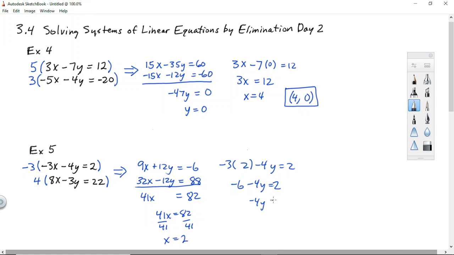Negative 4y equals 8. So now we divide both sides by negative 4. On the left we get y, and 8 divided by negative 4 is negative 2. So that's our y coordinate. We have x coordinate of 2, y coordinate of negative 2. We write down the ordered pair, 2, comma, negative 2.